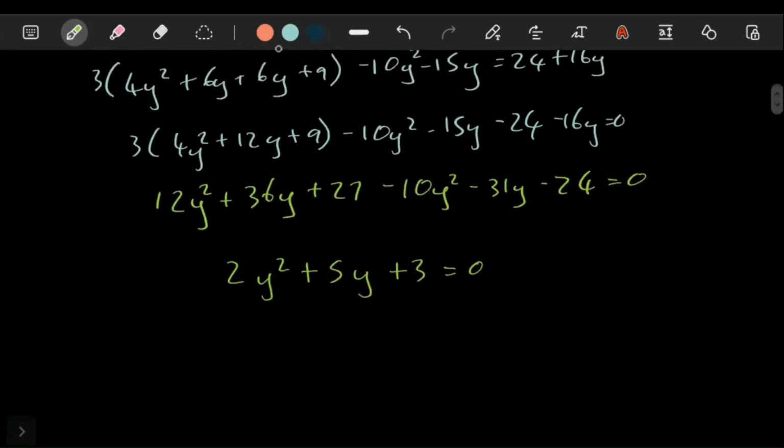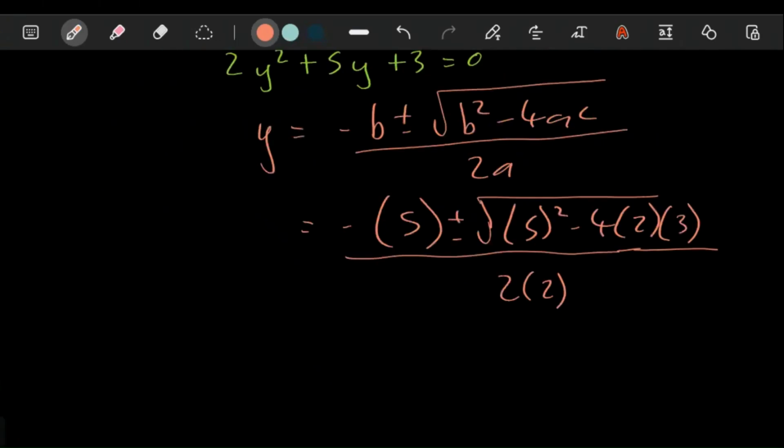Okay, so obviously here we can just solve for y using the quadratic formula. So from here, let's just put our question into the calculator. Let's see here. Negative 5, and then here you have square root of 5 squared minus 4 times 2, 3, 2 times 2.